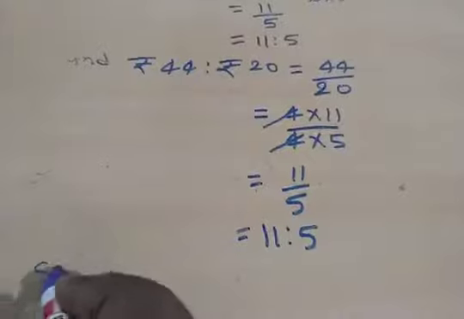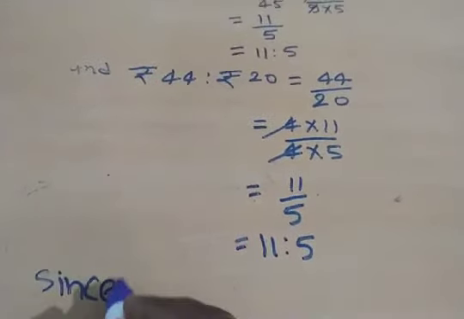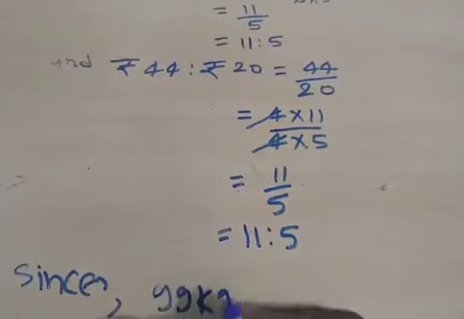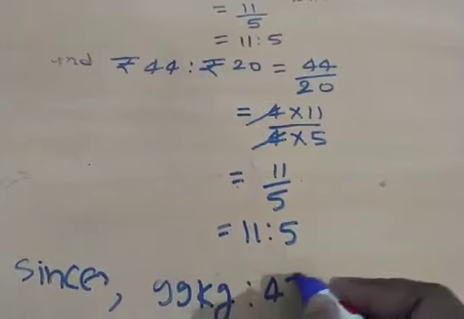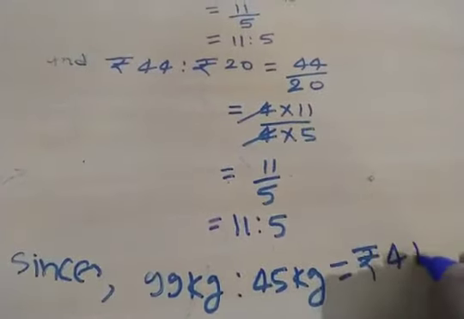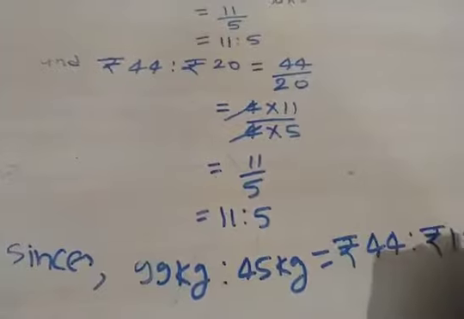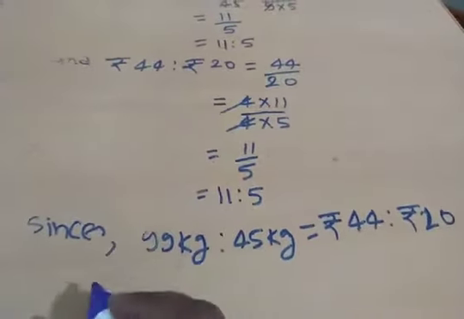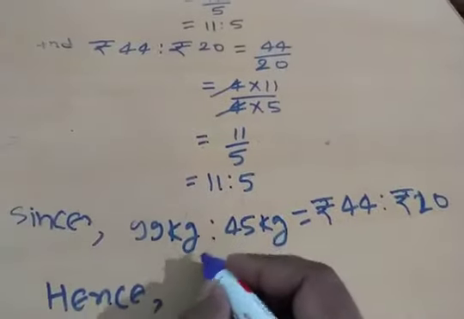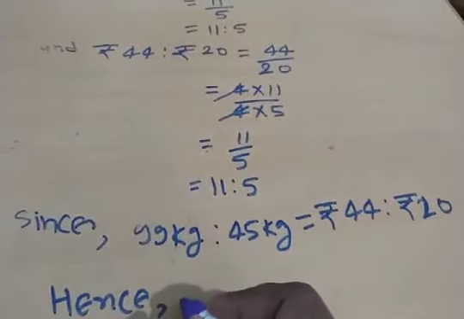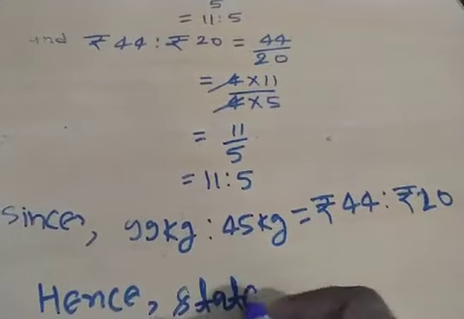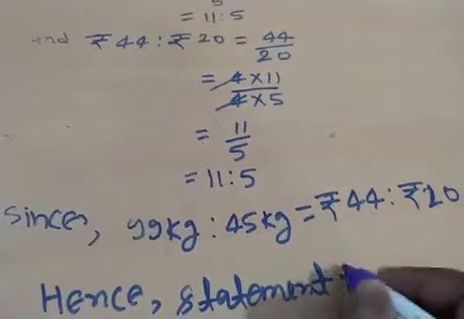So you can write here, since 99 kg ratio 45 kg is equal to rupees 44 ratio rupees 20, then you can say hence the given statement is true.